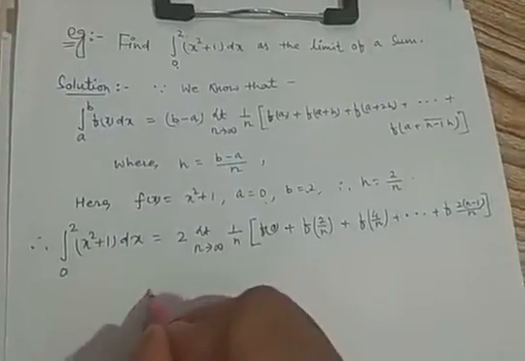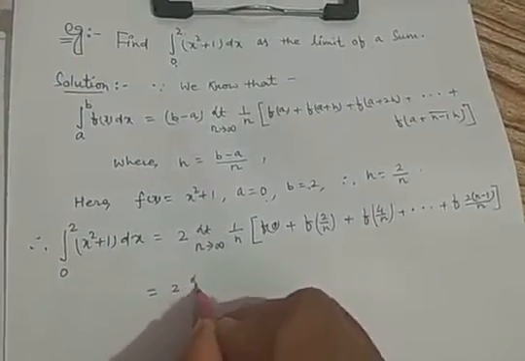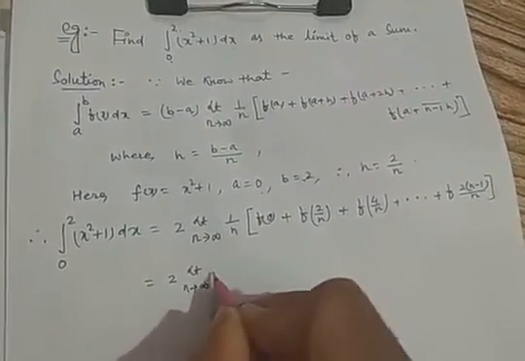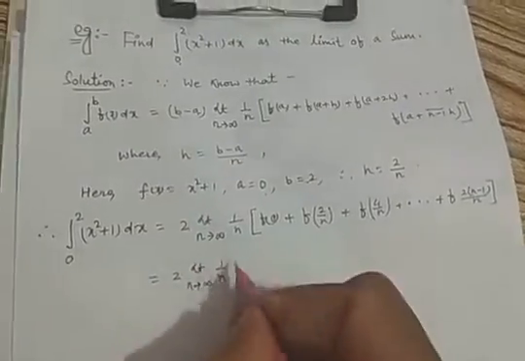Okay, now 2 into limit n tends to infinity 1 upon n.